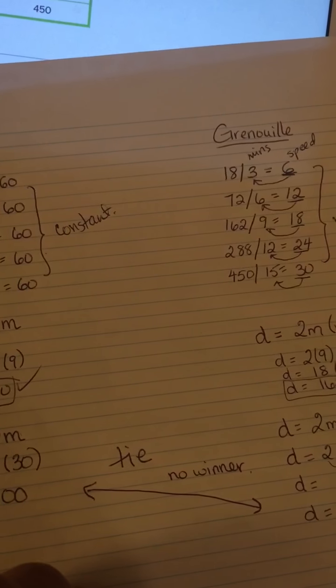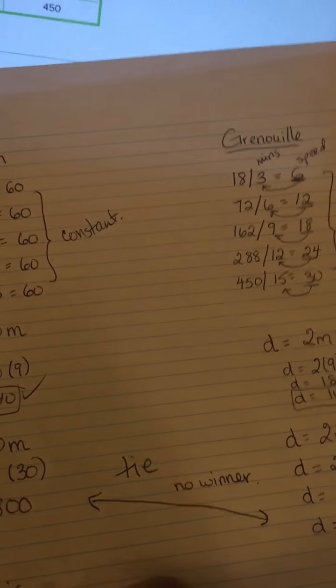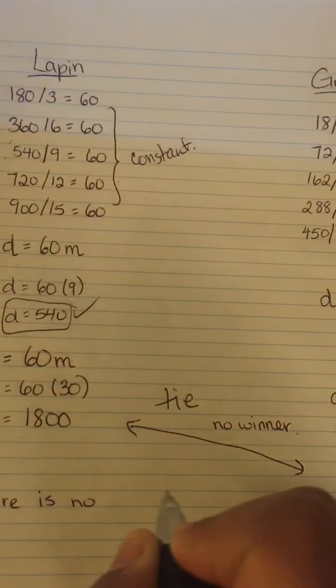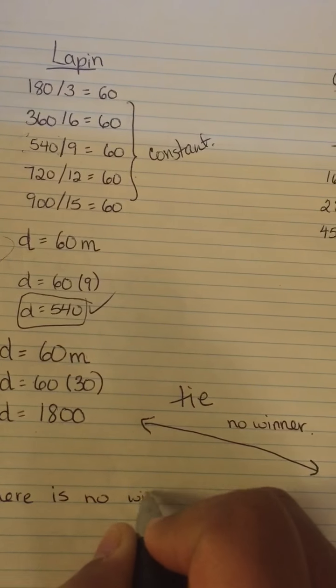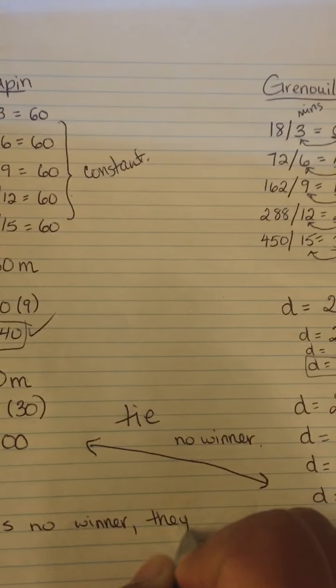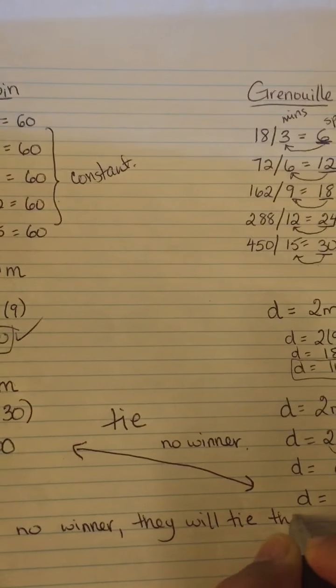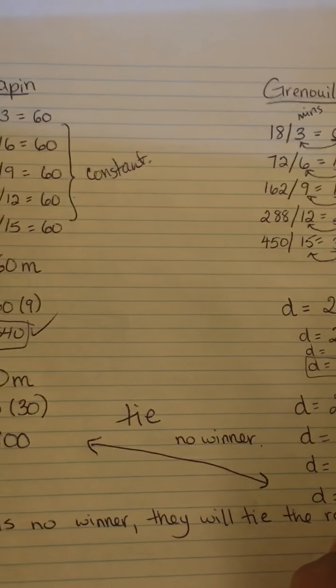And I like to always write a sentence at the end of a word problem. So there is no winner. They will tie the race. And there is our solution to our problem.